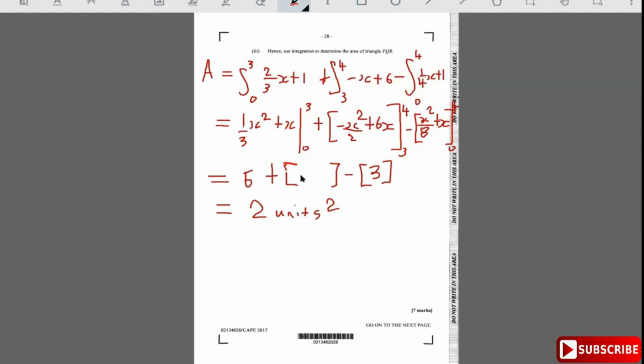And then I put in the 3, I get minus 3 squared divided by 2 plus 6 times 3. That's 13.5. So I get minus 13.5.